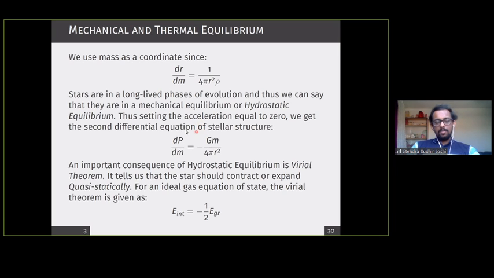And for that to be happening, the pressure that is being created by the nuclear fusion inside the core of the star should be equivalent to the gravity that is being produced. So this is the equation that tells us that the pressure produced because of nuclear fusion or other processes is equivalent to the gravity produced by the gas and material of the star.